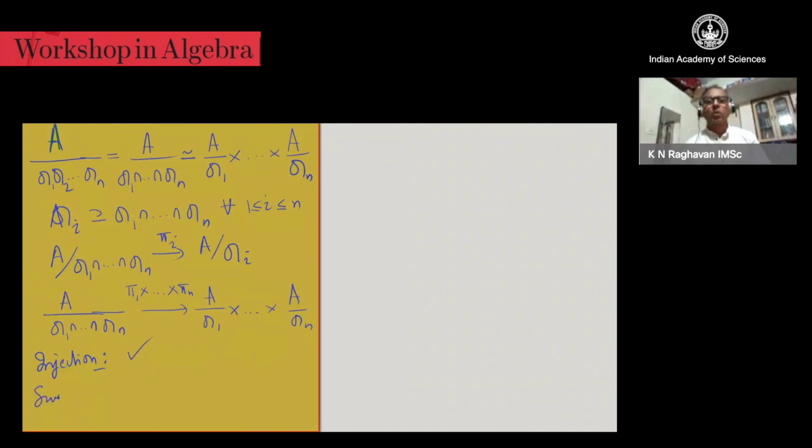This is where the content lies. So the idea here is that I must get some element which is 1, 0, 0, 0. To show that it's a surjection, I'll try to show that I can get an element mapping to 1, 0, 0, 0, and an element which maps to 0, 1, 0, 0, and so on.